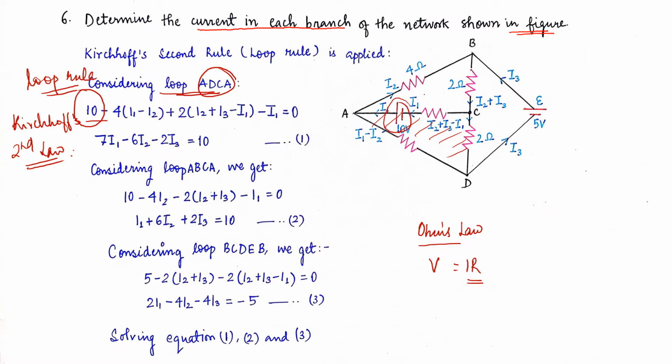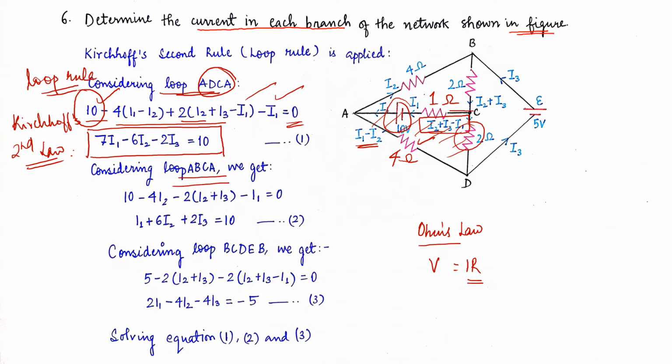So this is the 10 volts simply written, minus 4 into I1 minus I2. This is the 4 ohm resistance into I1 minus I2. Then for the 2 ohm resistance, the current flowing through it is I2 plus I3 minus I1. Then we have the current I1 flowing through this 1 ohm resistor, which equals 0. Upon simplifying this equation, we got equation number 1, that is 7I1 minus 6I2 minus 2I3 equals 10.